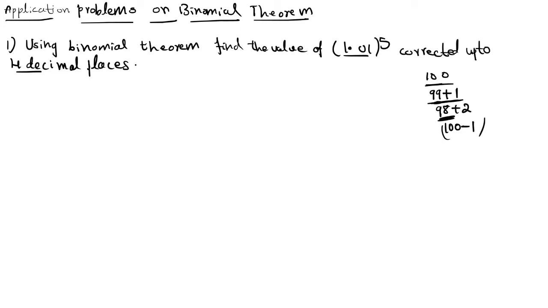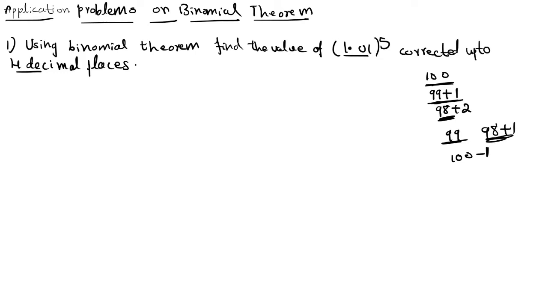Or similarly, if you use 98 plus 2 for 100, again you will get 98 to the power 3 or 98 to the power 9. Like that, you need to use a calculator. Suppose 99 is given. In this case you can write it as 100 minus 1, or as 98 plus 1 also. This is also a binomial term.